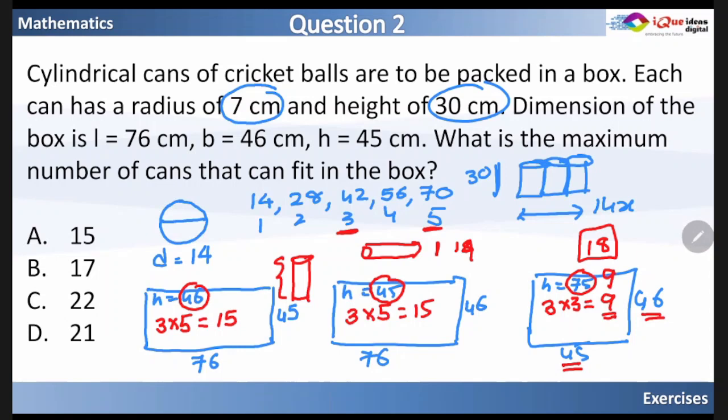Now how many more can you stack on top of that? I have to stack now for 14 centimeters. My 2 of 60 are over, I've got 15 centimeters extra, and the diameter of one is only 14. So can I stack it like this? Yes. But in 45 by 46, I stack 1, 2, 3. So maximum I can stack 3. So I will get 21.